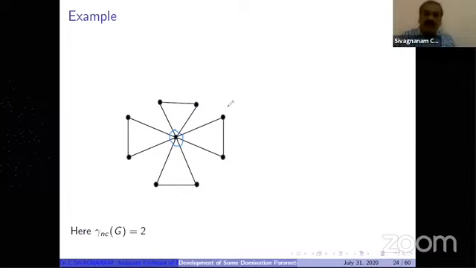So we have to include one extra vertex in S. This vertex I have to include. So what is the neighborhood set? Now the neighborhood set is the whole set V, and the whole set V means it is connected. So gamma NC of G equals 2 here.